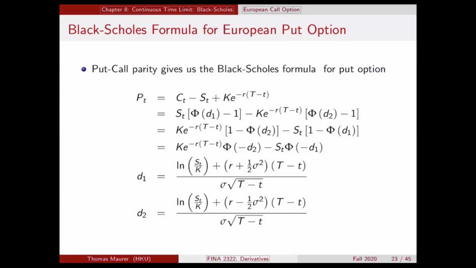Remember that for the call option being in the money, we needed S at the maturity being larger than K. For the put option to be in the money, I need S at maturity to be smaller than K. So it's exactly the opposite of the call option being in the money. And so that's why you have minus these threshold values D2 and D1 instead of the standard normally distributed variable being smaller than D2 or D1.